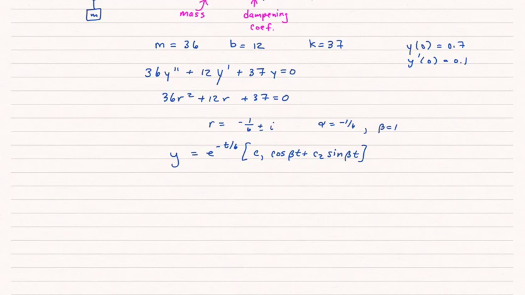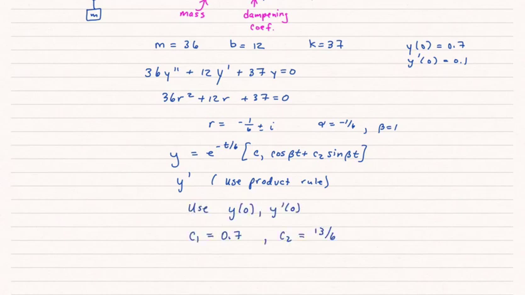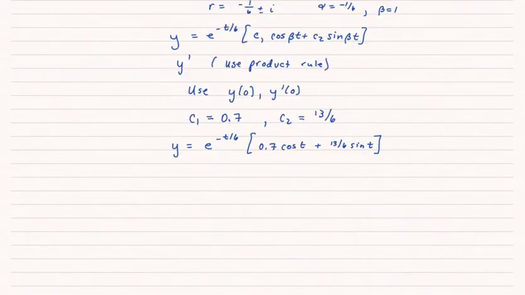What I would do first is find y prime, not forgetting to use the product rule, and then using the initial conditions I would find these following values for C1 and C2. You should try to do this on your own to make sure you get these answers. And this would be my specific solution given my initial conditions.